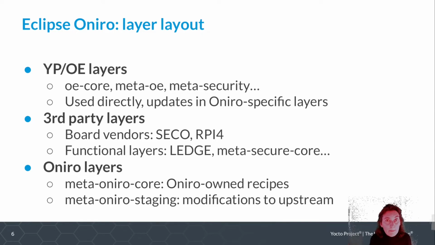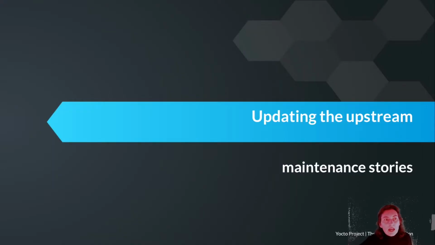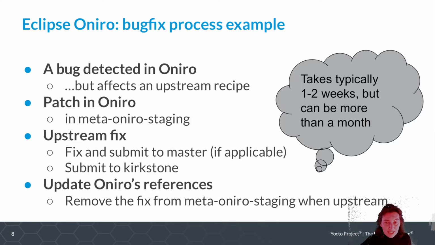And then we have Meta Oniro staging that includes all the changes in the upstream layers, like in OE core or meta-oe, or different layers, that we are in the process of upstreaming, or that are expected to be upstreamed a little bit later. Now, what does it bring in practice when we are updating the upstream, and some maintenance stories here.